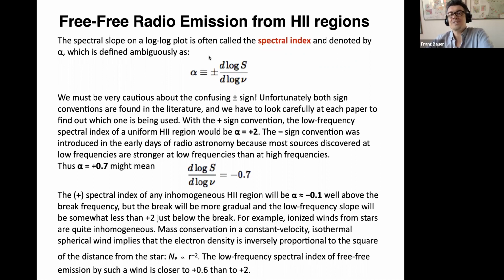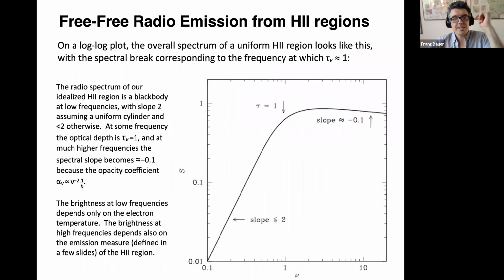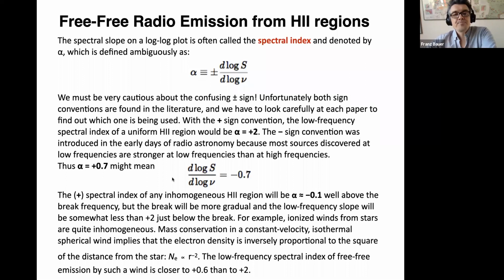And even worse, depending on who you ask, it's defined as plus or minus. So you have to be careful about this. Basically the definition is how fast this slope is changing, right? And so this is this index here of minus 0.1 or 2.1, something like that.